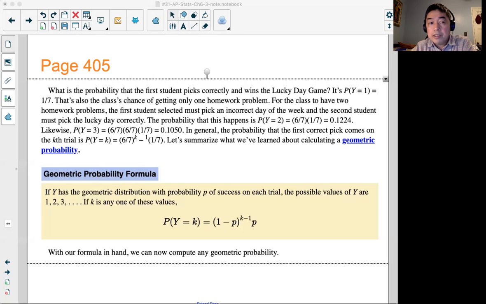Now, what is the probability to see the lucky day within 3 students' trials?